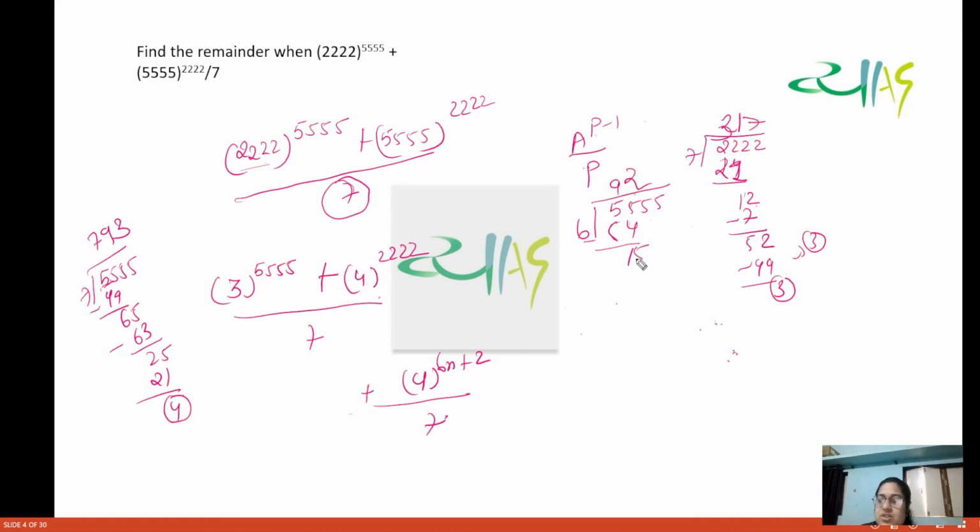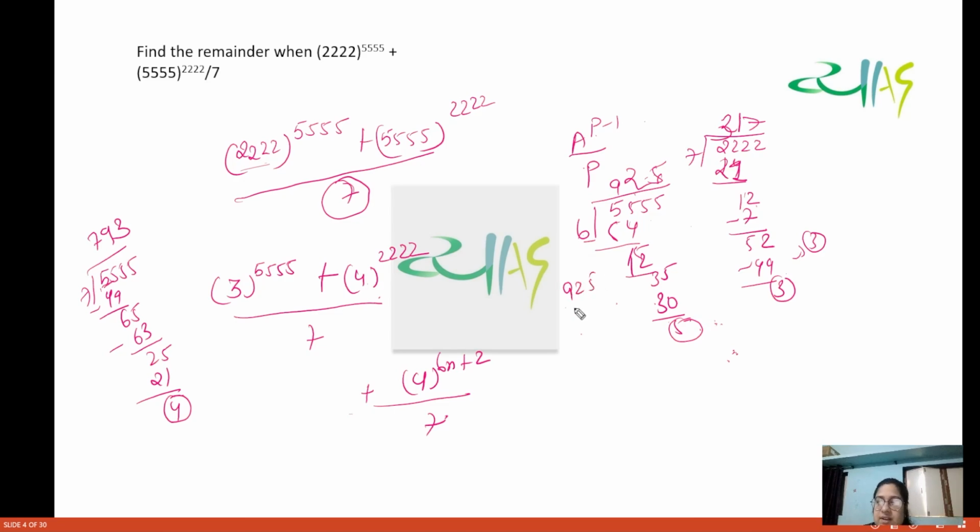Now you have 6 2s are 12, and this is 35. You can't do 6 6s are 36, so 5 you are getting as remainder.